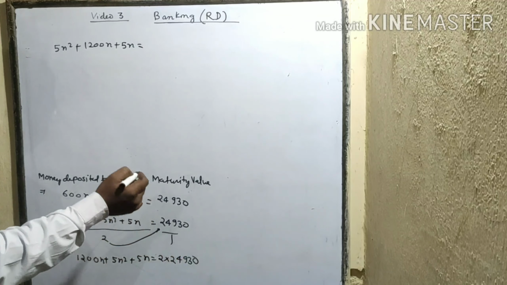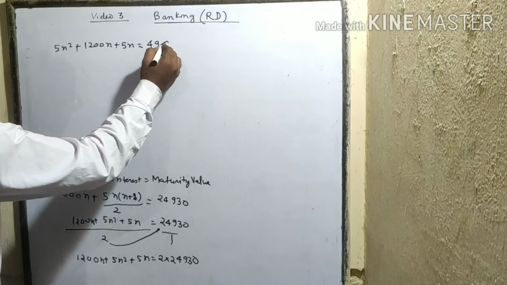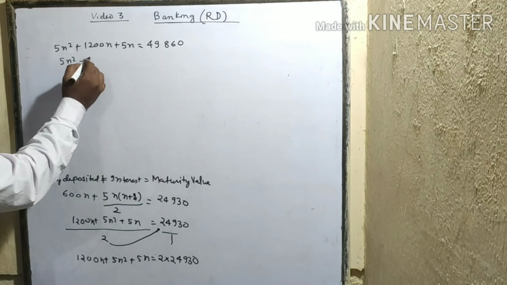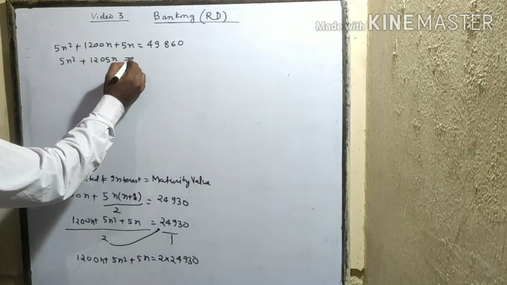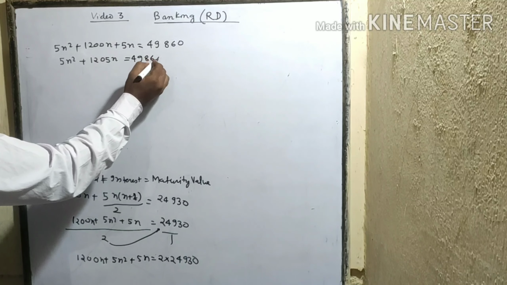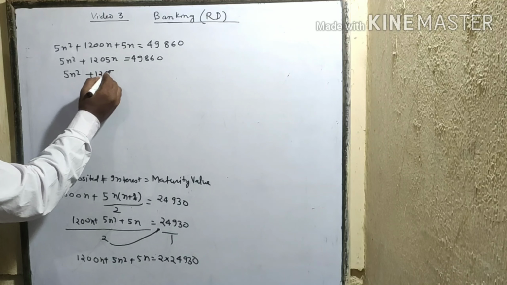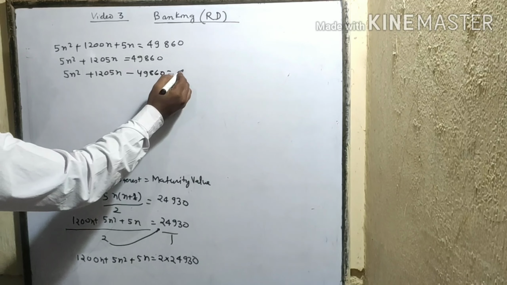That is correct. 2 into 24,930 will come out as 49,860. So 5n square plus 1205n, that is equal to 49860. We'll bring this side. 5n square plus 1205n minus 49860 is equal to 0.